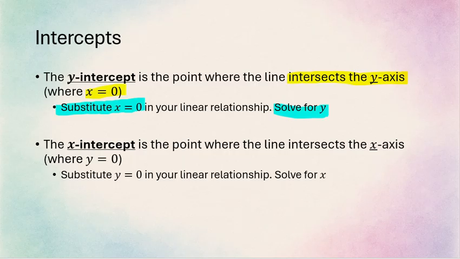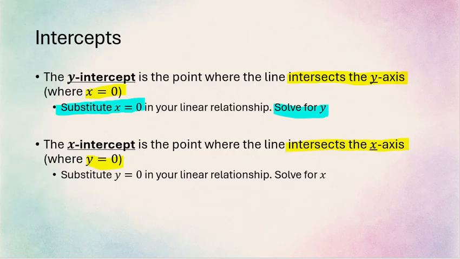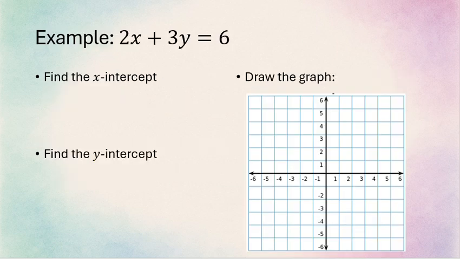Now, the x-intercept is the point where the line intersects the x-axis. And this is when y is equal to 0. What you're going to do is substitute y equals 0, solve for x. You know how to solve already, okay? But we'll just talk about it again real soon.